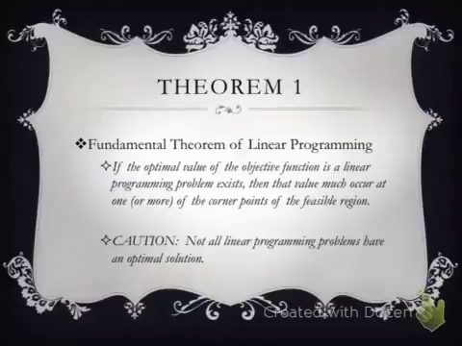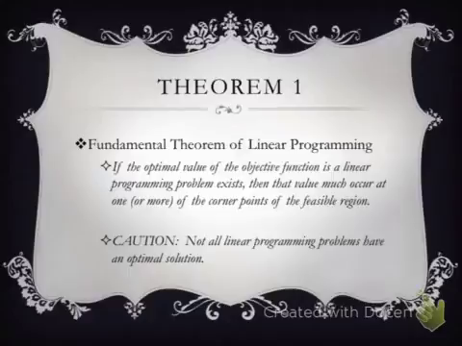So you were starting to pick up on this as we were going through the problem in class, where we were setting a particular line of profit, and then we were sliding that line of profit to see where would the last point be to give us the greatest amount of profit and still be within our feasible region. Well, regardless of where your line is going to be, there's going to be some final point that the objective function line is going to touch.